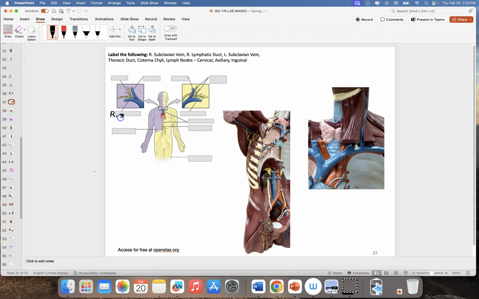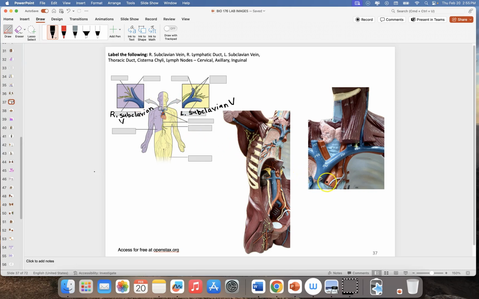We've got our right subclavian vein over here. Here we have our left subclavian vein, and we've kind of enlarged that so we can see that a little bit better.